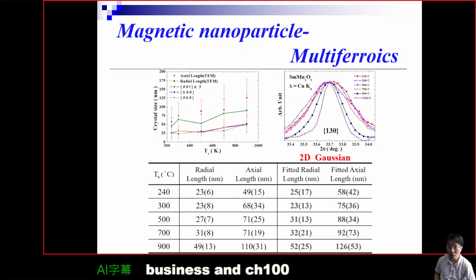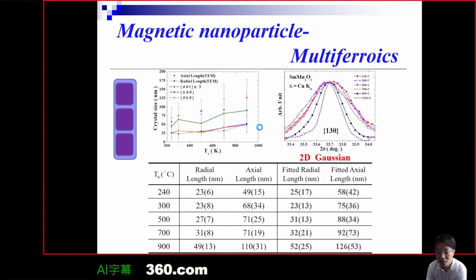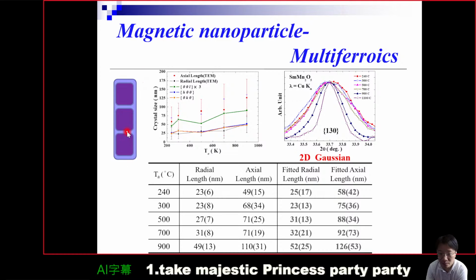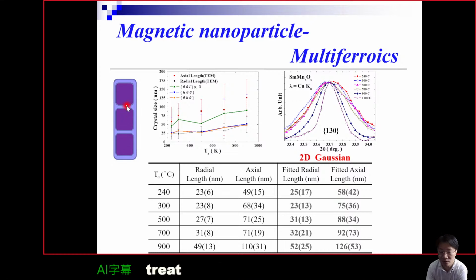So that means the TEM image actually looks like this. We got the TEM image like this one, but actually inside the particle they are combined by 3 particles.